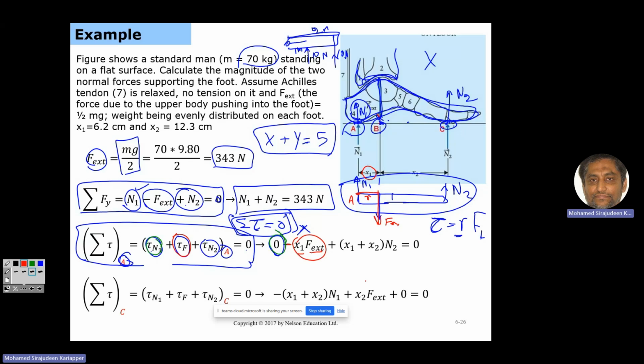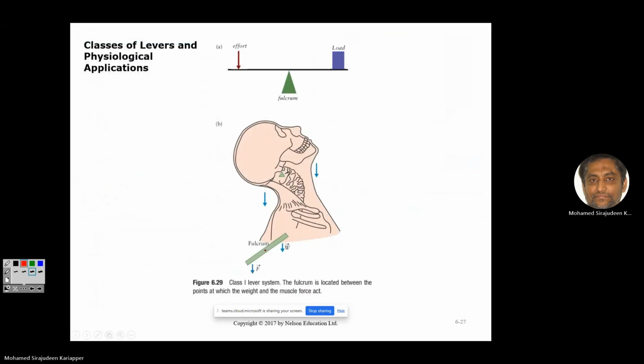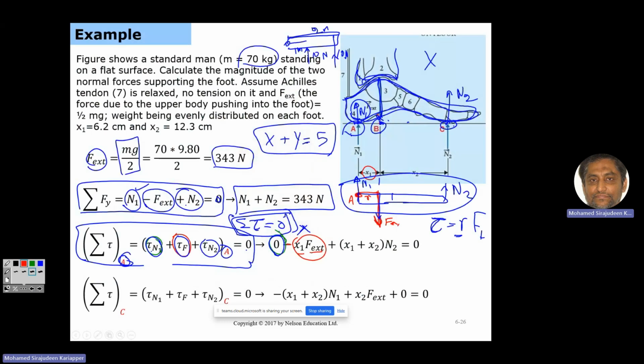Direction of the torque. The best way to see whether that force is going to rotate it clockwise or counterclockwise about the point A. This is the point A, right? And this is your force. Imagine I'm holding it at the point A because that is the fixed point now, and imagine this is the only force.